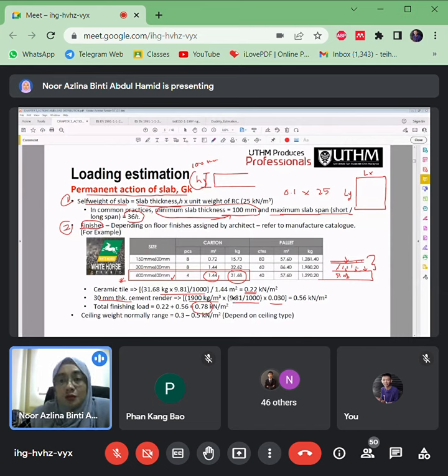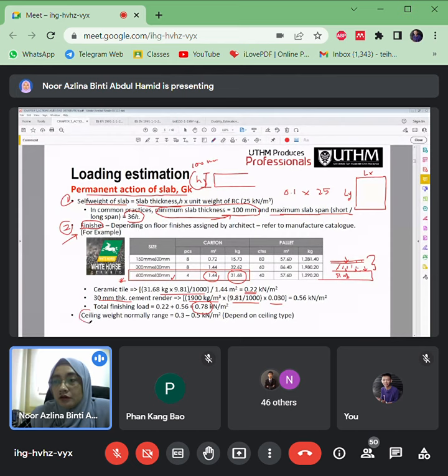But normally in a test or in an exam, we just give you a value for the finishes. Let's say we just mention finishes, services, ceiling is equal to 3. So you just use that value directly. But if not given, you have to calculate all the finishes by yourself.